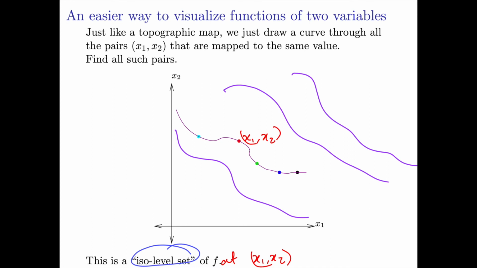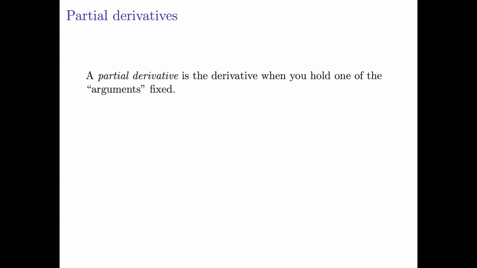Another thing we were able to do with a function of a single variable was write down its derivative. But how do you write down derivatives of functions of 2 variables? That's where we're going to use the concept of a partial derivative. A partial derivative with respect to, let's say, the first argument, is where we hold all the other arguments fixed and we treat them as constants, and take the derivative with respect to the first argument. Similarly, you can find the partial derivative with respect to the second argument, and the third, and the 18th, however many variables there are.